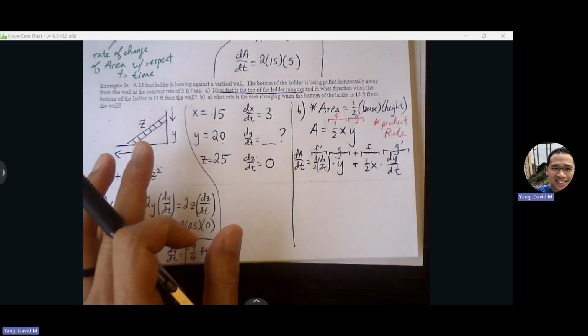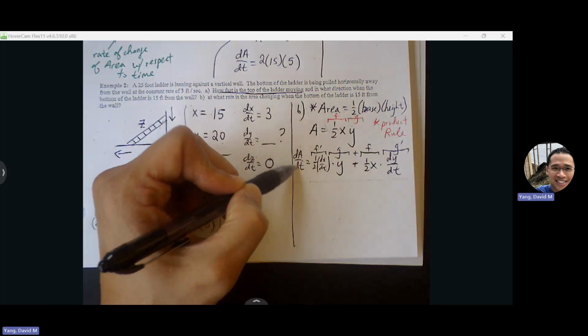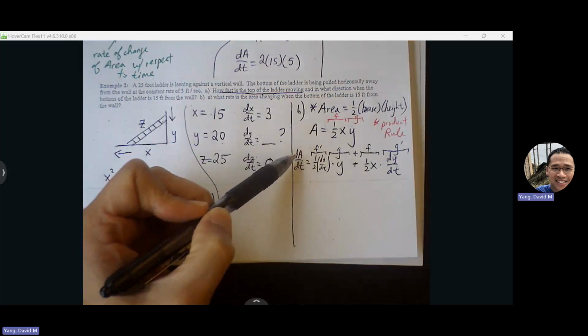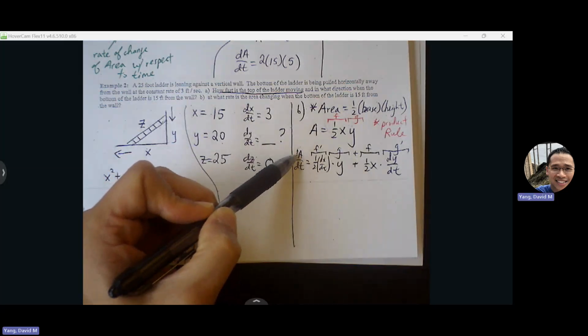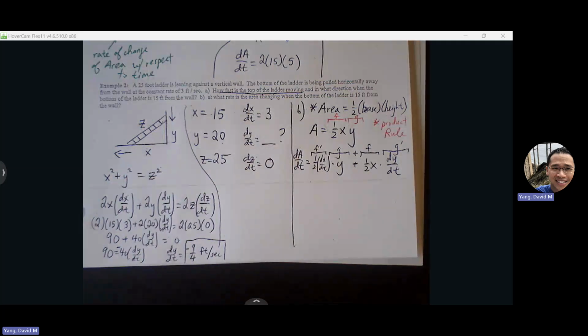You can leave your answer in decimal value, that's okay. The thing I want to talk about here is, what do you expect the units to be, though? Good. So we look at each of the variables. Area is feet squared. Time is seconds. So we just put them over each other. Feet squared per second.